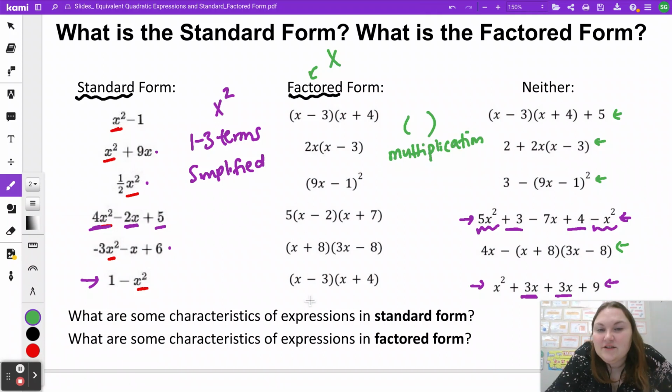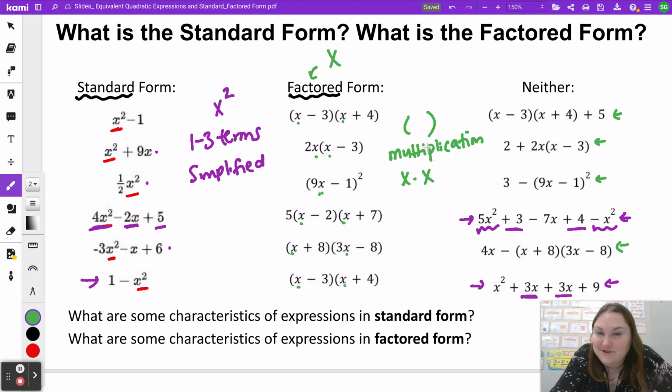Now, when you look a little closer at these, because we're talking about quadratics, specifically what is getting multiplied in there is an x times x. We've learned squaring this means you would be doing x times x. So that factored form is also going to have x times x somewhere in the multiplication when you go to do it.